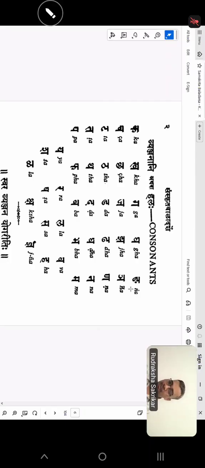Okay. The nasal sounds in the first two families need to be corrected. So it is k, kh, g, gh, ng.